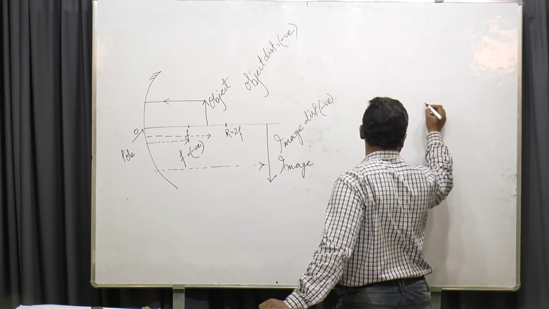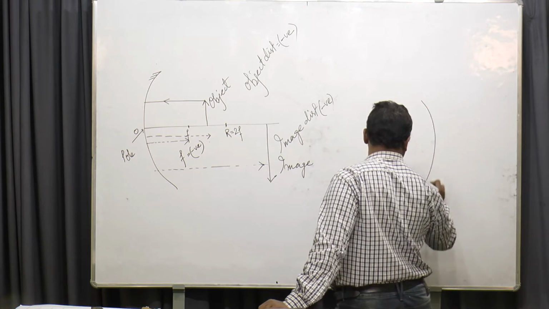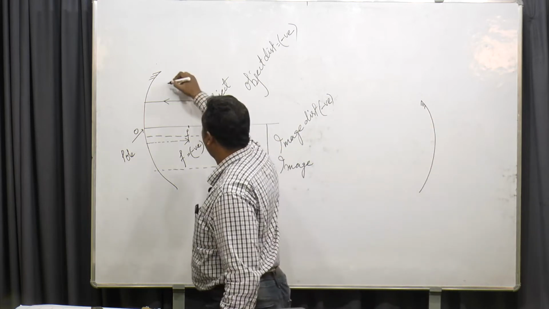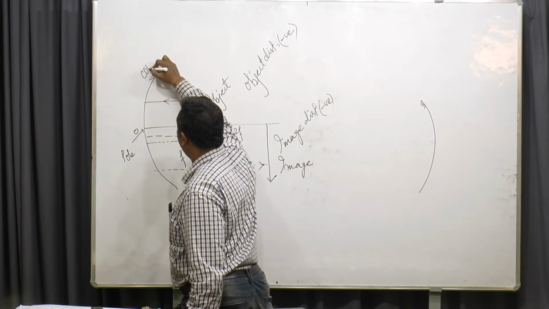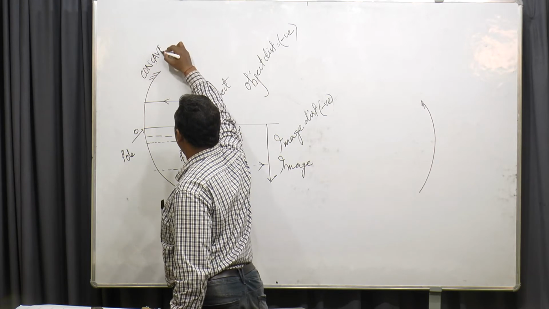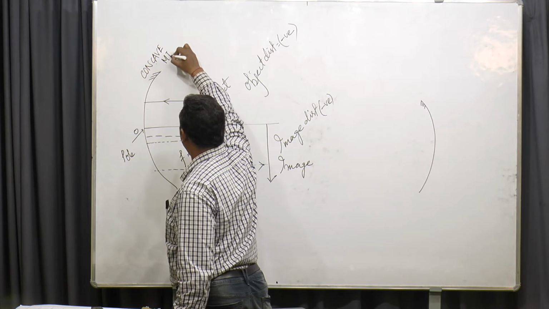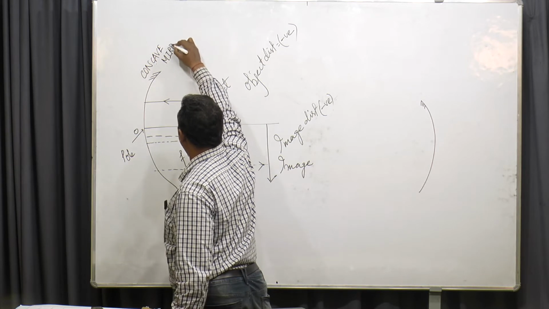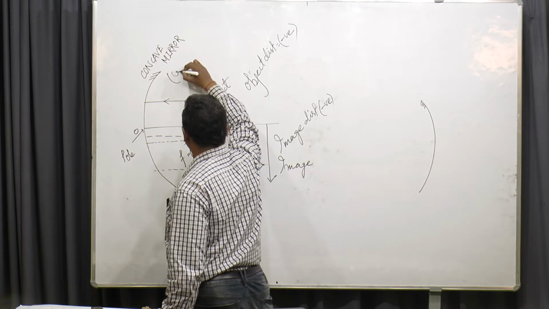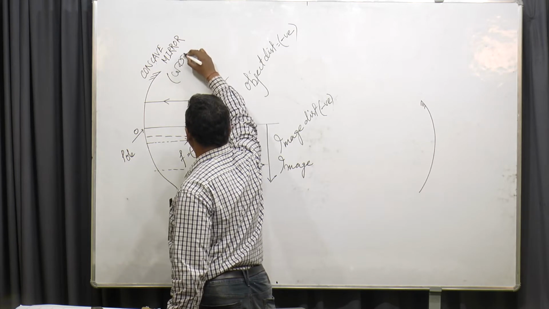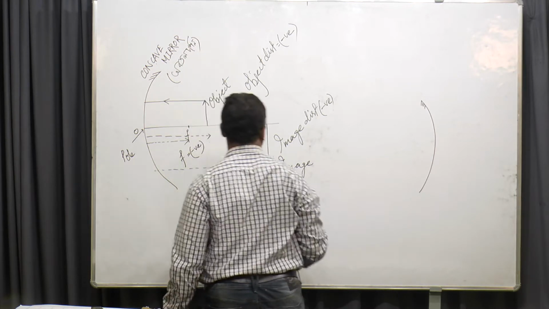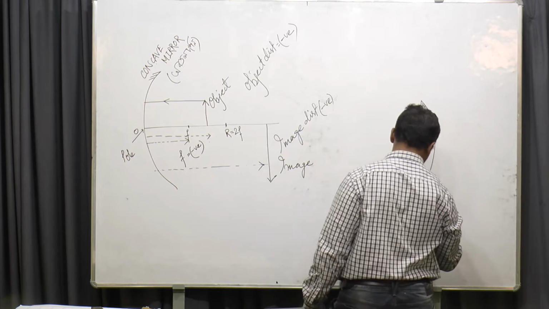Suppose you have a convex mirror. So this was the case of a concave mirror. This is a convex mirror.